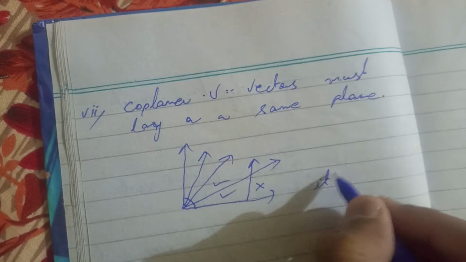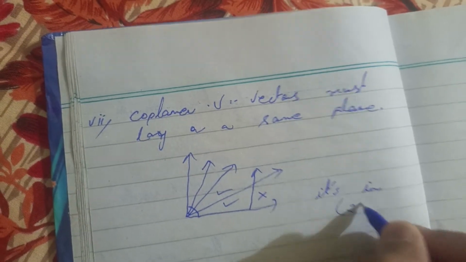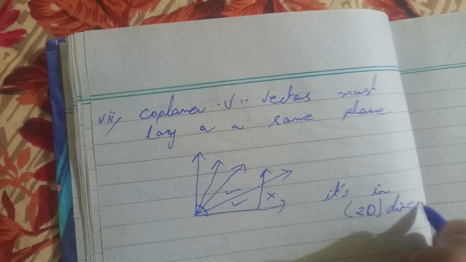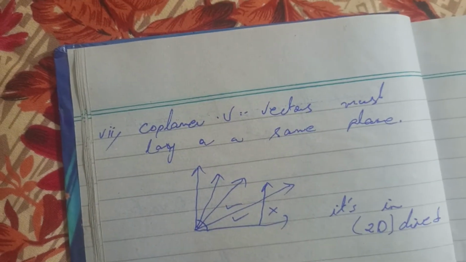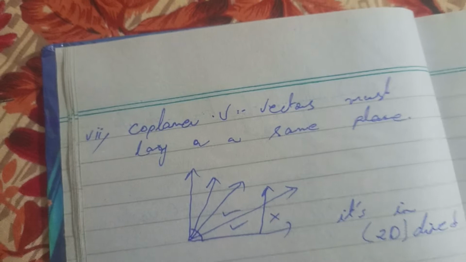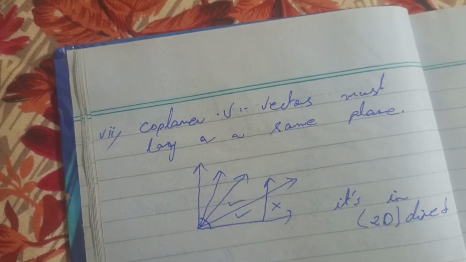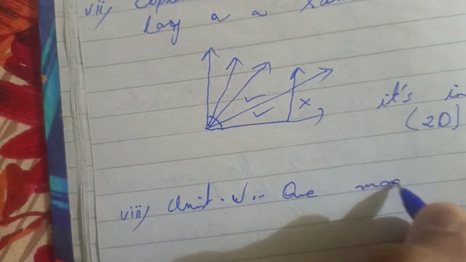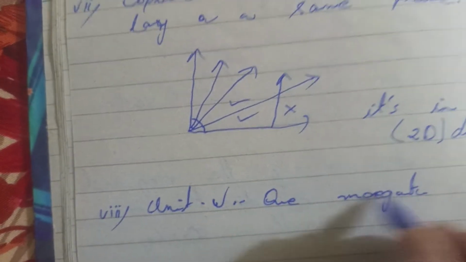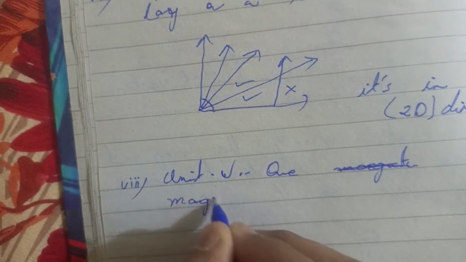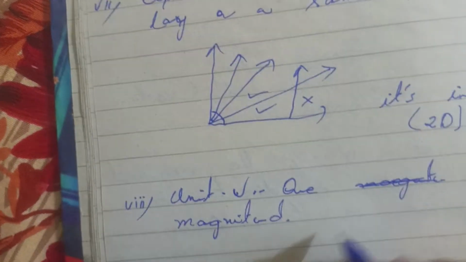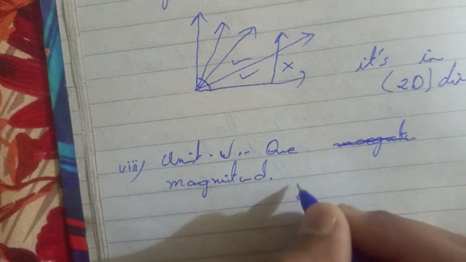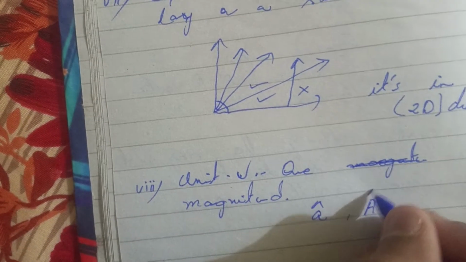As you can see, it is in 2D direction. The eighth vector that we have is the unit vector. In this case, we only have one magnitude. Firstly, let me write the definition. Magnitude, and it is denoted by a cap, or you can say a hat.